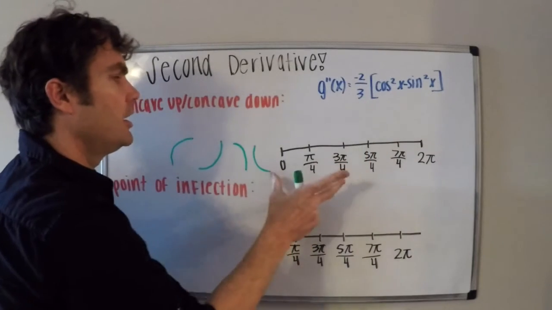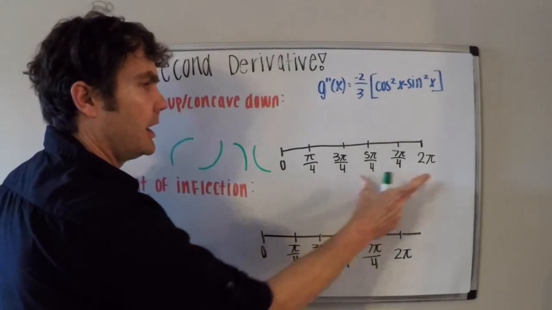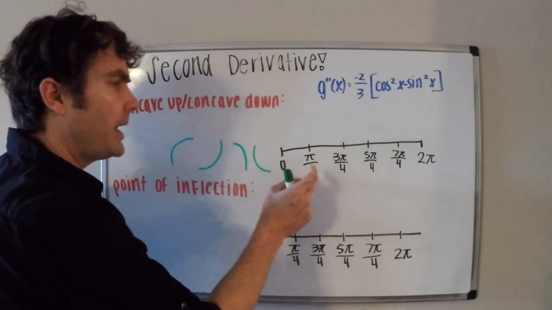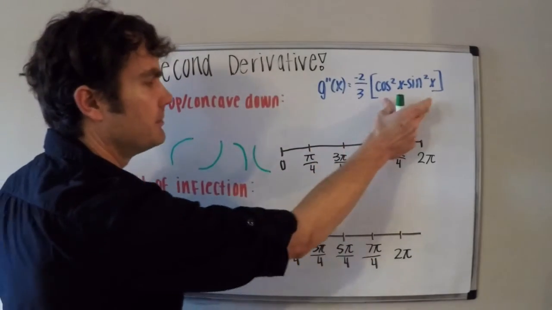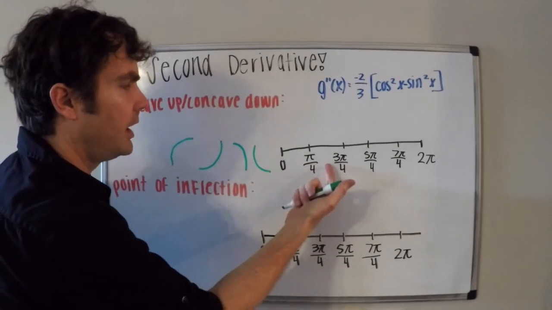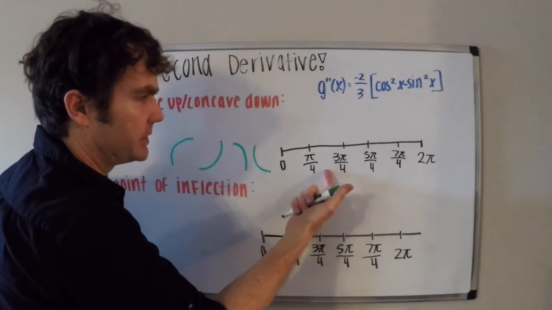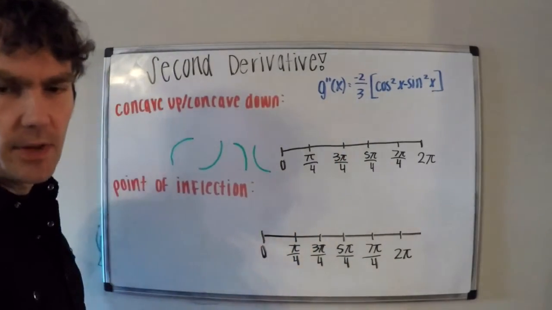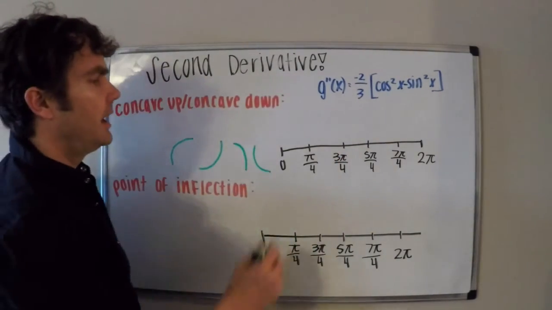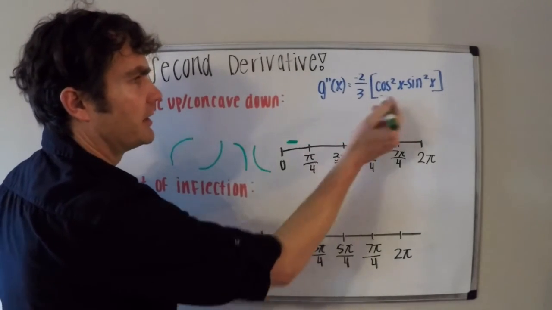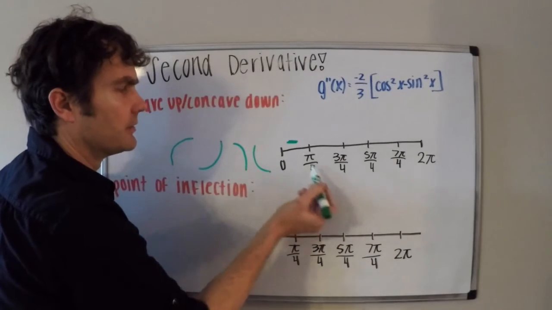And same thing, we have these intervals marked out, and we need to plug in a value in this interval. So say pi over 8, anything in here, or here we could do pi over 2, and find out whether it's positive or negative. So the first value, this one is going to be negative. If I plugged in pi over 8 or any number in this interval, I will get a negative.